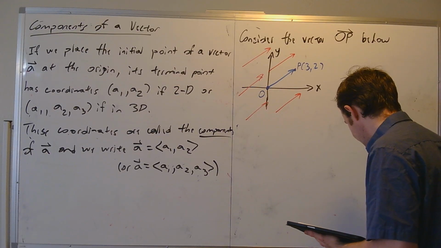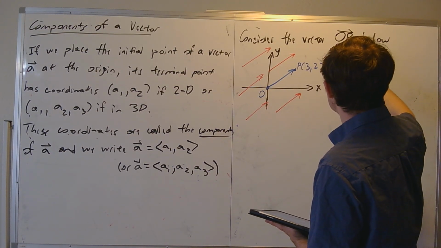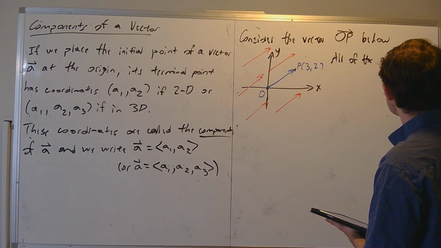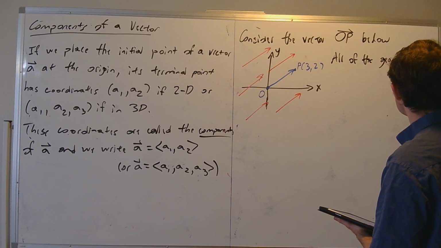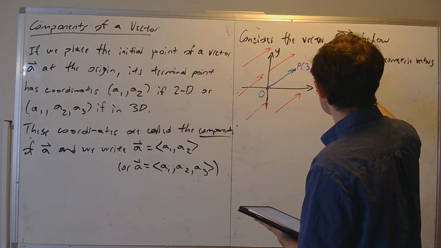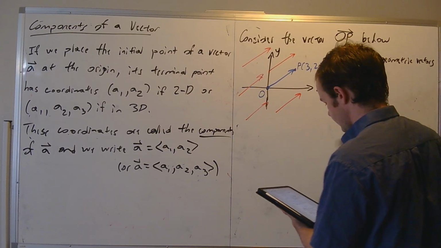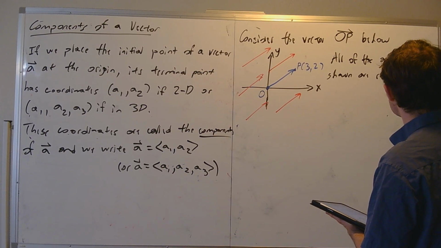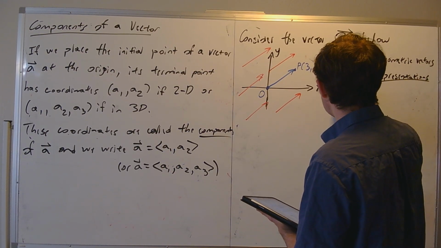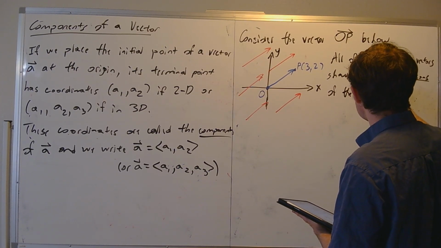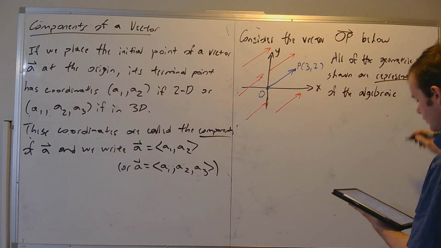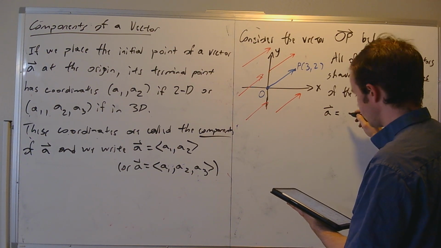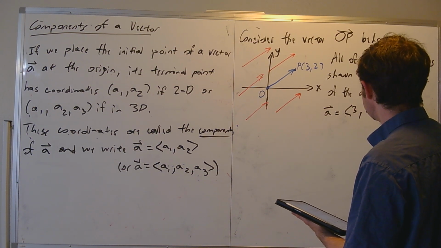So I'll say all of the geometric vectors shown are representations of the algebraic vector A equals the vector from 3 to 2.